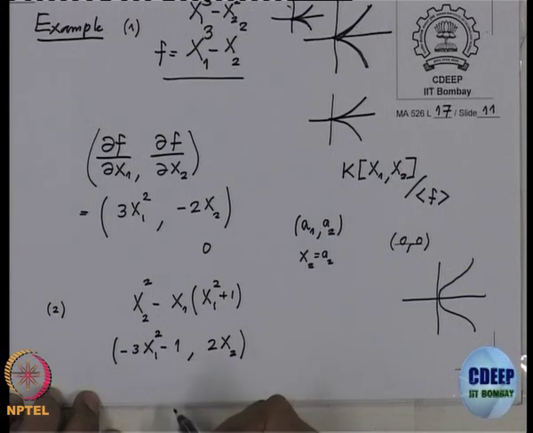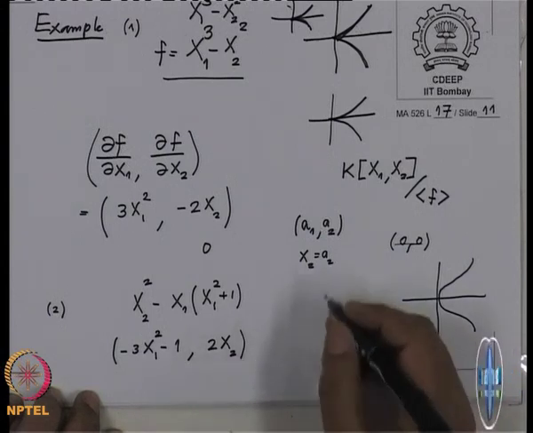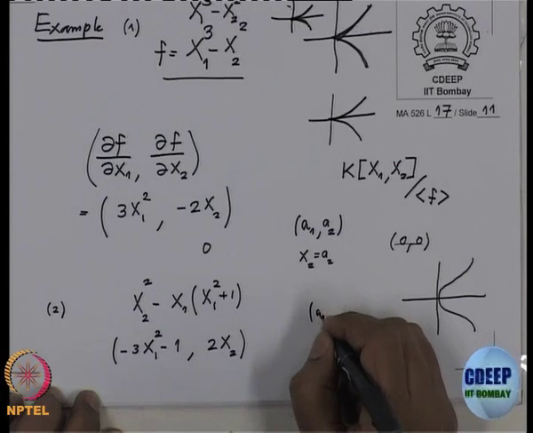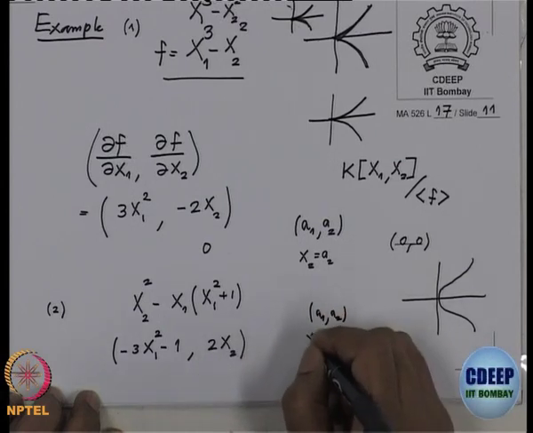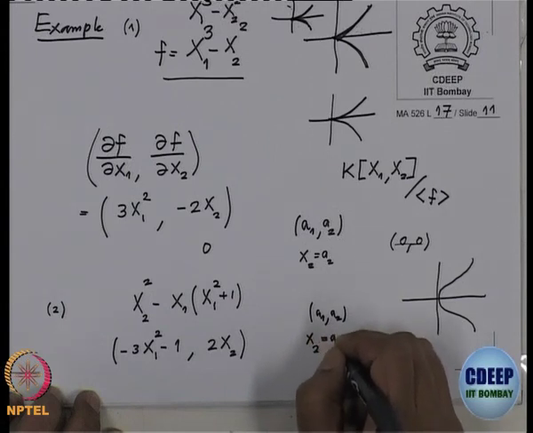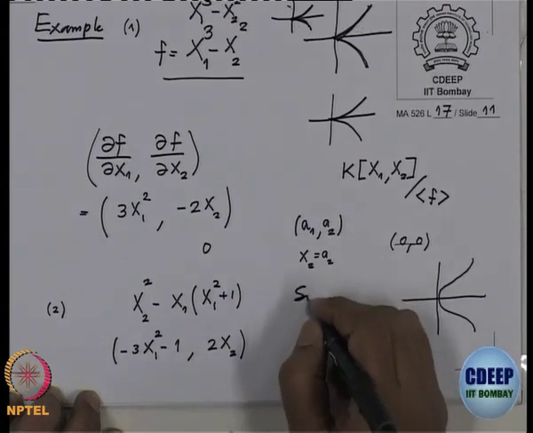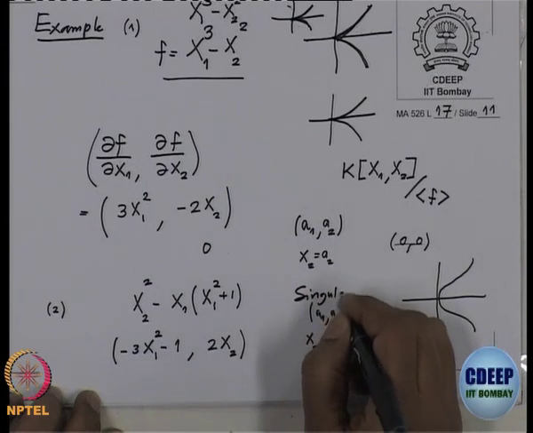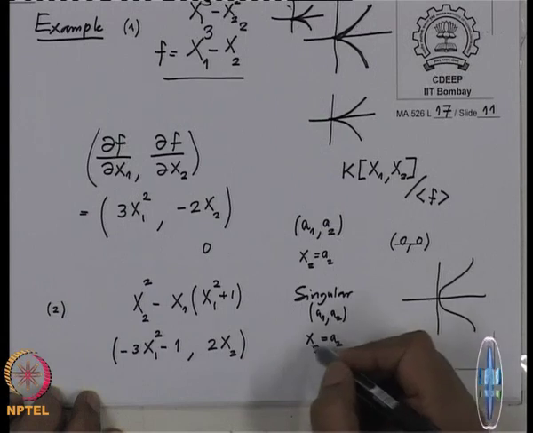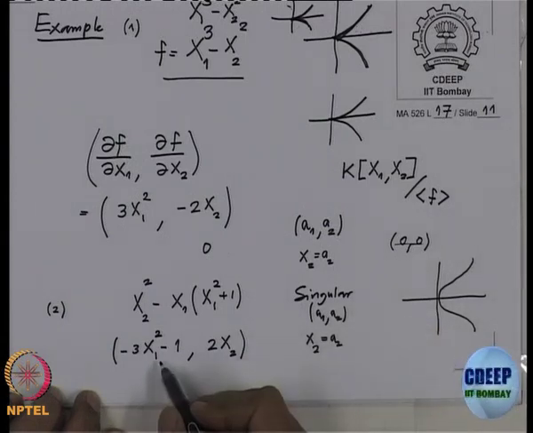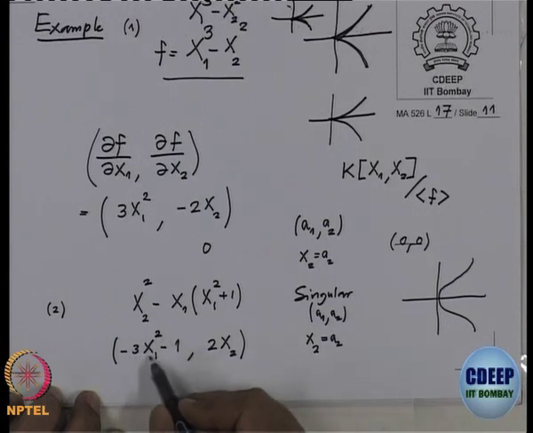Okay, so when is it singular? If I take the point a1, a2, and if it is singular, then that means x2 is a2. I am looking at the singular points. Singular means rank is strictly smaller. So, this is x2 equal to a2, and this also you want to be 0, but that will get solved for x1, right.